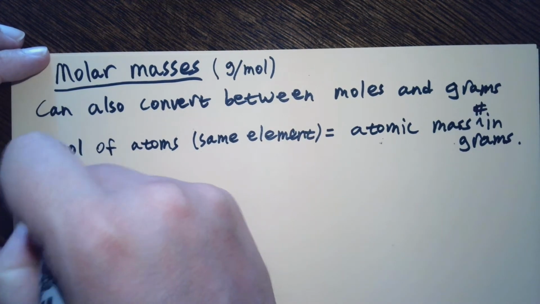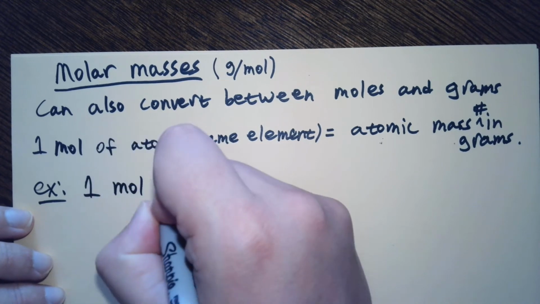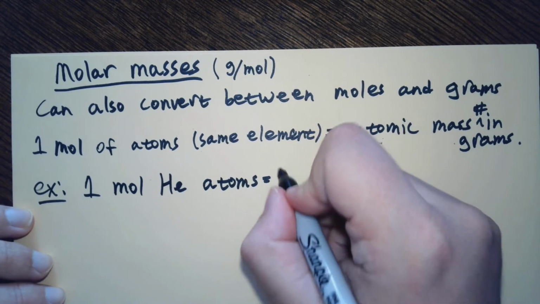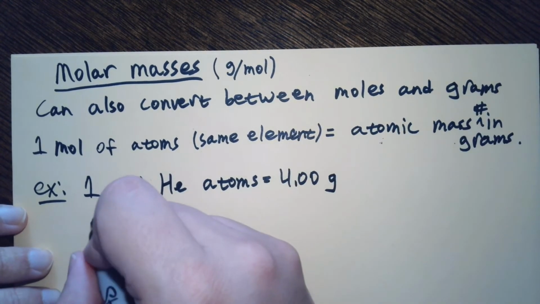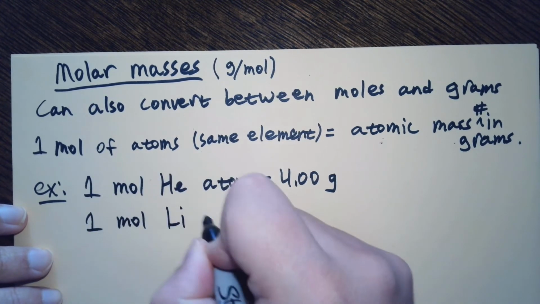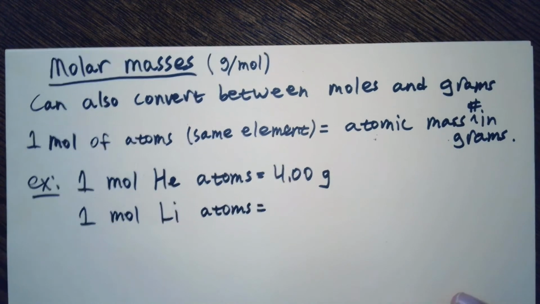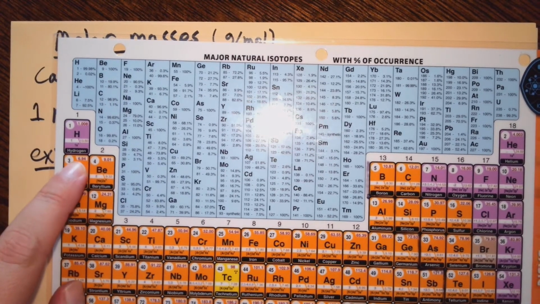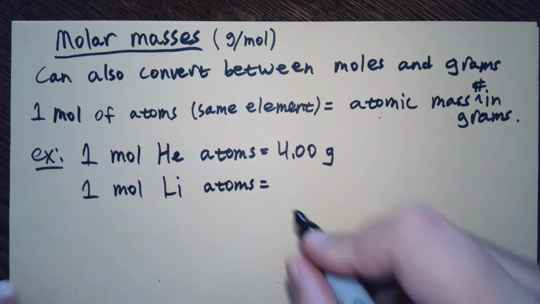It's that straightforward. And so I talked about 1 mole of helium atoms. That's 4.00 grams. And if I look at, we'll go with one more element, 1 mole of lithium atoms. Well, gee, I don't have the periodic table memorized, but I do have a copy to look at right here, and that is 6.94 grams.